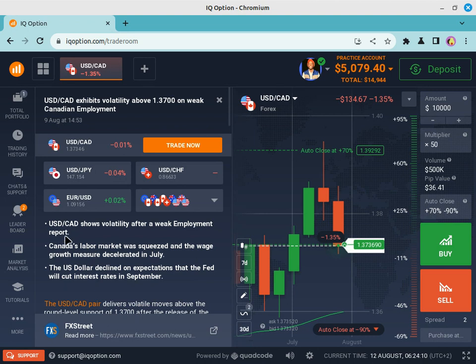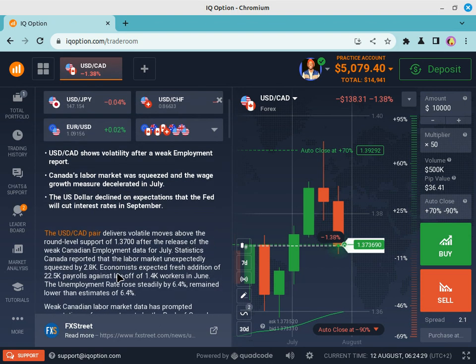Okay, so USDCAD shows volatility after a weak employment report. Canada's labor market was squeezed and the wage growth measure decelerated in July. The US dollar declined on expectation that the Fed will cut interest rates in September.